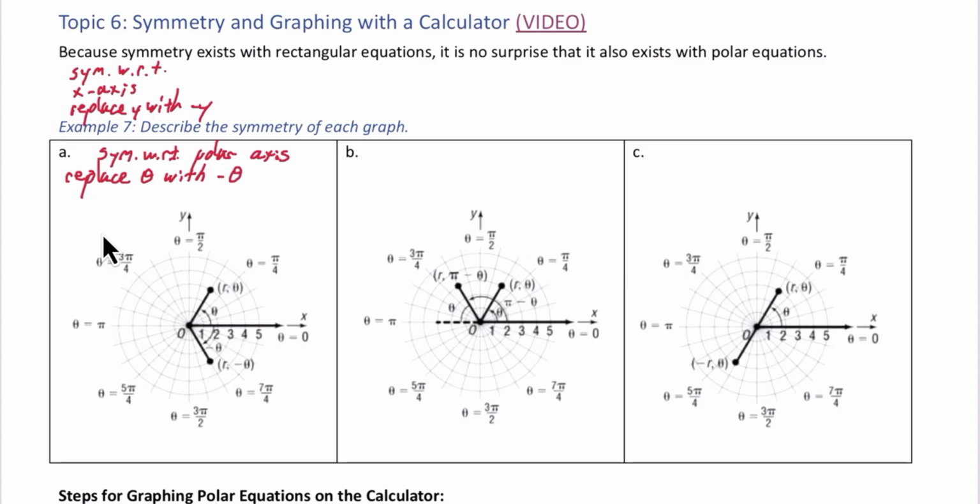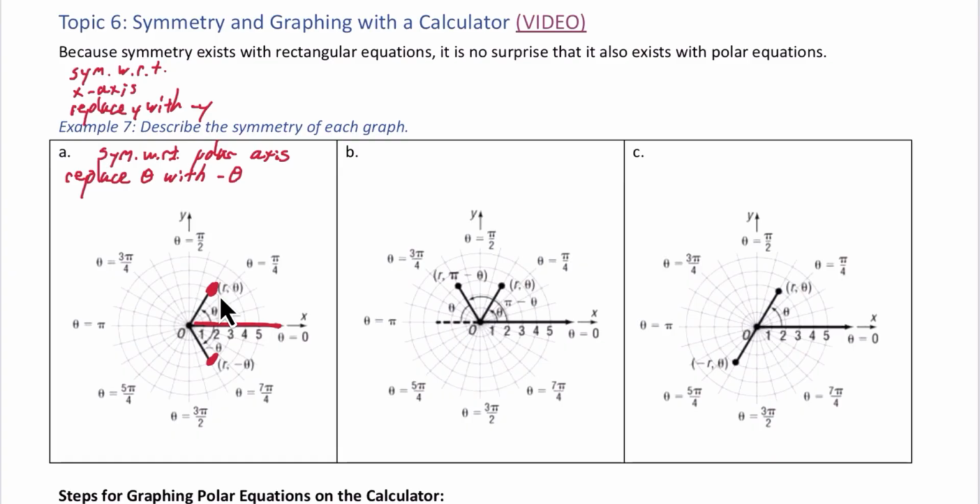If the result of the equation is the equation you started with, then you have symmetry about the polar axis. So notice that if you reflect this point across the x-axis or polar axis, we get the same point. That's symmetry with respect to the polar axis or x-axis.